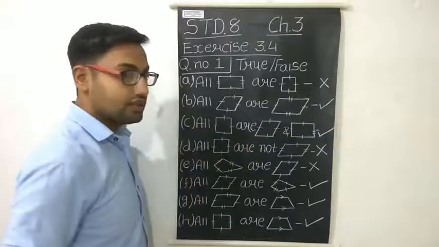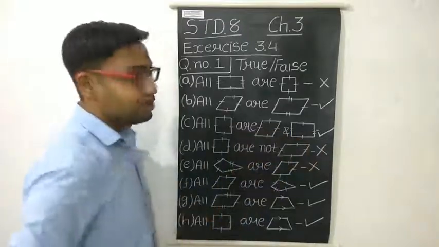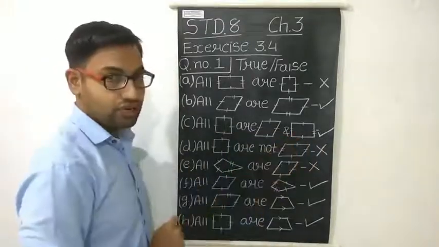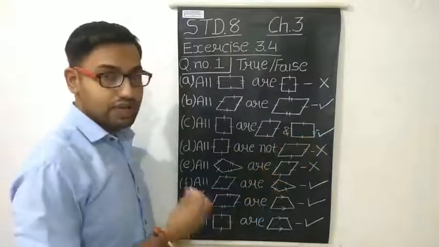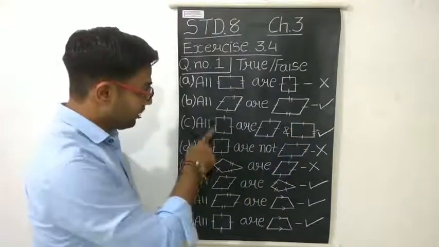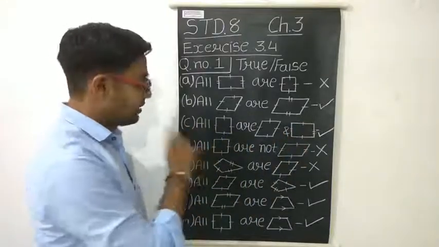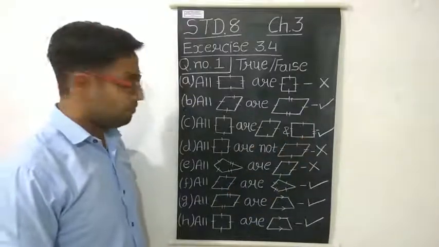So yes, the square satisfies this condition and it also satisfies the condition of rectangle, right? Because according to the rectangle, opposite sides must be equal and parallel, and all the angles are of 90 degrees. So all the conditions are satisfied by this square. So this statement is also true.